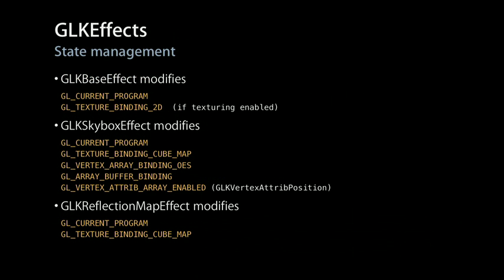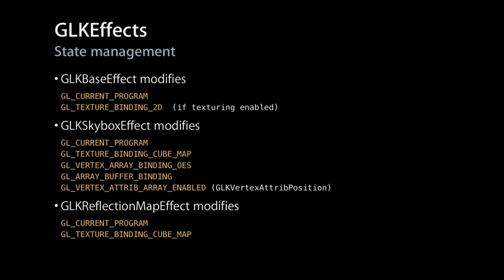One last thing to mention about the GLK effects is how they modify the ES 2.0 pipeline state in case you're managing state in your own scene graph or your game engine. The base effect is managing state, so it modifies the current program, the current shader, and the currently bound texture if you've enabled texturing. The Skybox has a much broader impact because it uses both state and provides its own geometry.